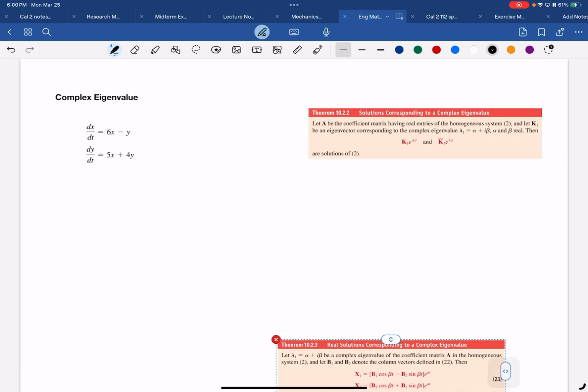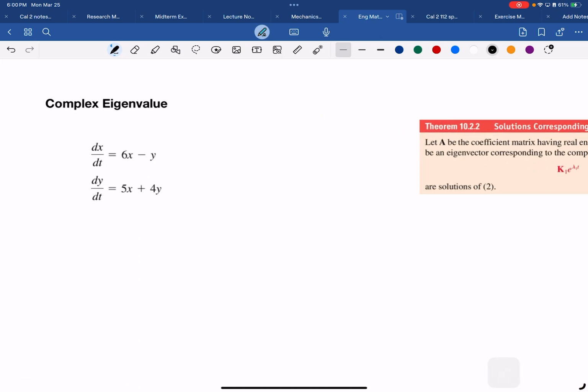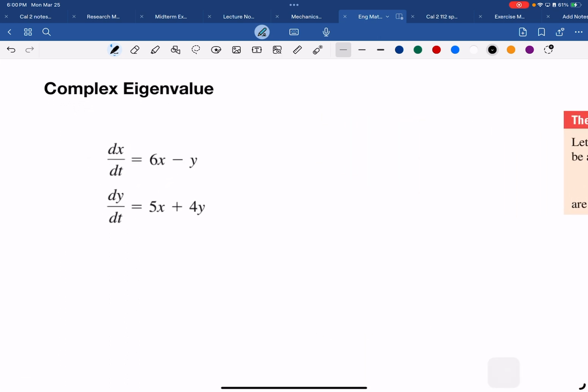So suppose that we have this example. We have dx/dt equals 6x minus y, and dy/dt equals 5x plus y.